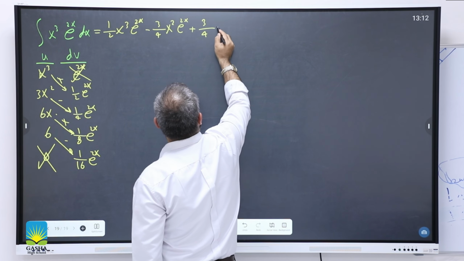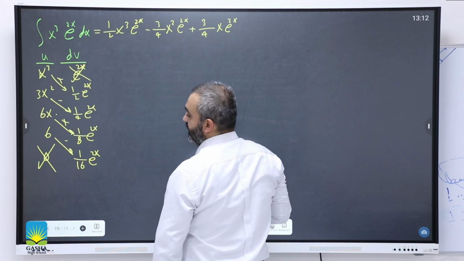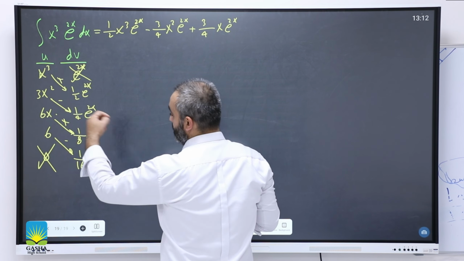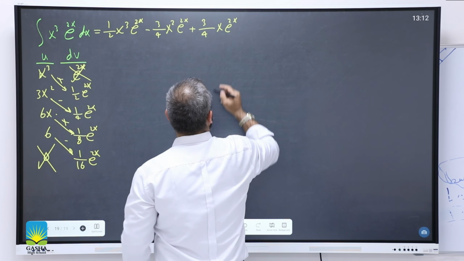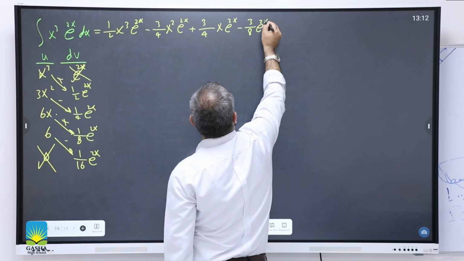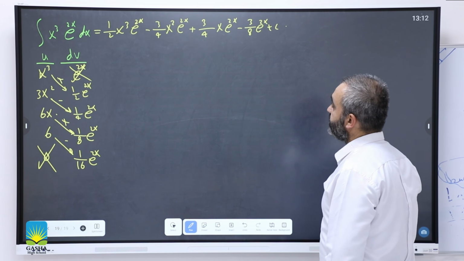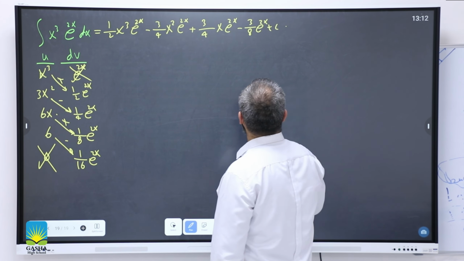So 3 over 4 x e to the power 2x. And 6 times 1 over 16, also simplify by 2. So minus 3 over 8 e to the power 2x plus c. So this is the result of the integration by parts.